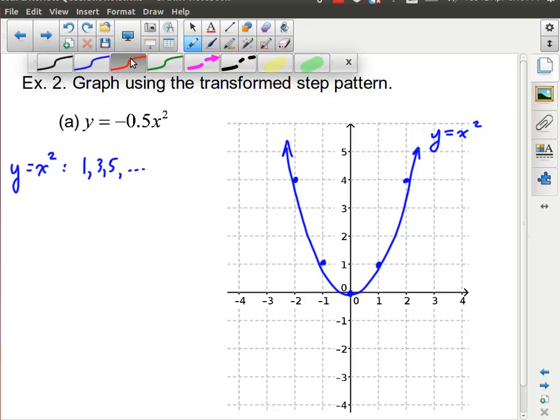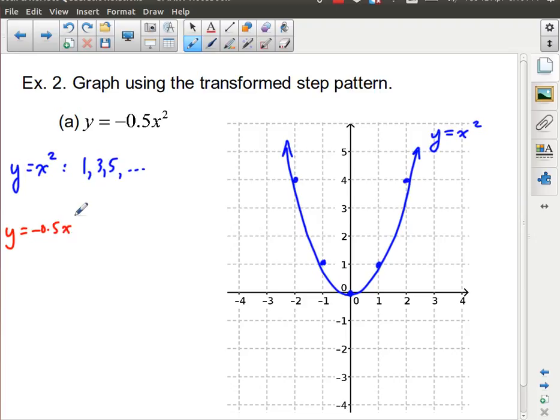Now let's see what is going to happen to my step pattern when I do negative 0.5 x squared. And you know what might be useful here is let's look at the transformations. So this has a vertical, and quite often I'll condense vertical to be just a V. We do need to say vertical though. You might guess eventually we're going to be looking at horizontal, so we need to distinguish between those.